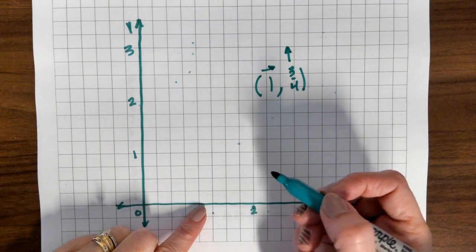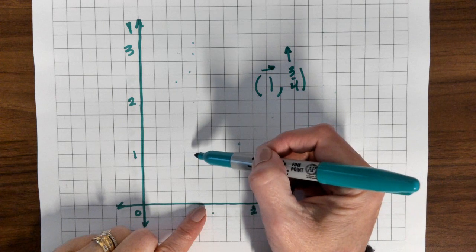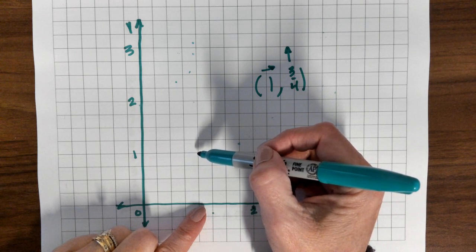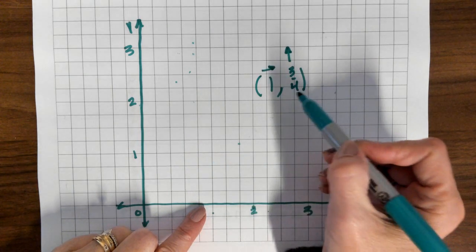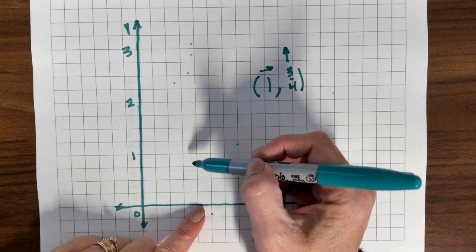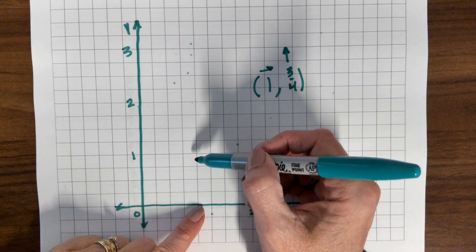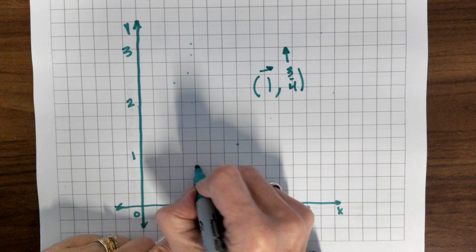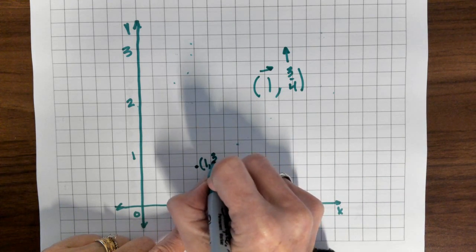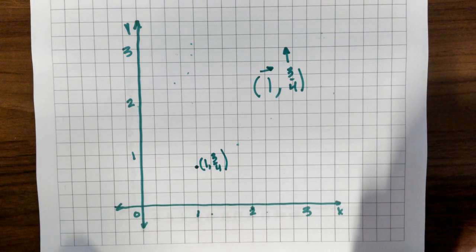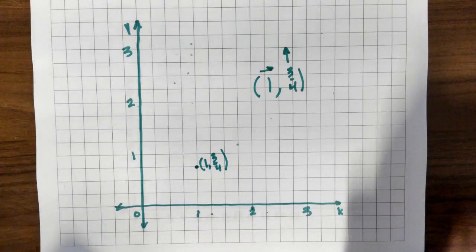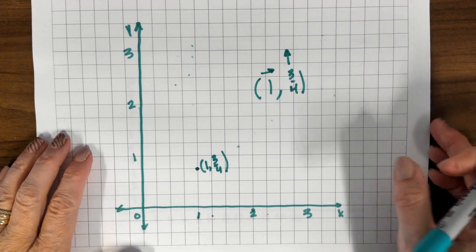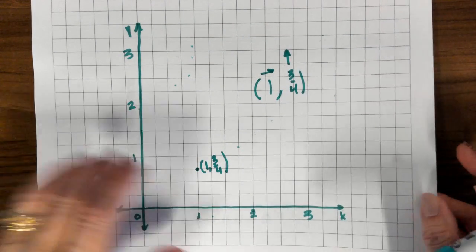So I would talk to them about, is that going to be below or above the 1? It's going to be below because it's less than 1 whole. It's somewhere between 0 and 1. It's 1/4, 2/4, 3/4 gives me this point, 1 3/4. So far, so good? So we want to make sure we're practicing all of those different types with kids.